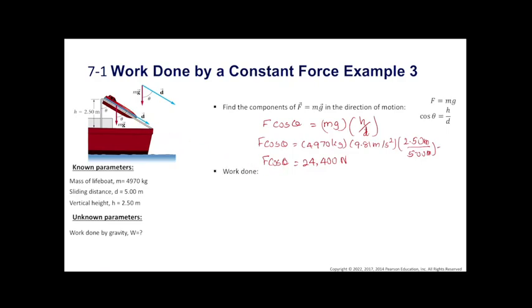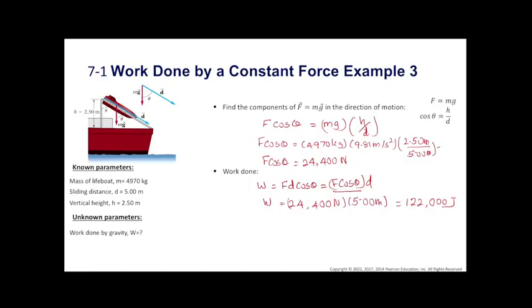Therefore, work done is W, which is equal to F D cos theta, or we can write it as F cos theta times D. So we found the F cos theta value, which is 24,400 newtons, and D is given, which is 5 meters. Therefore, the work done is 122,000 joules.